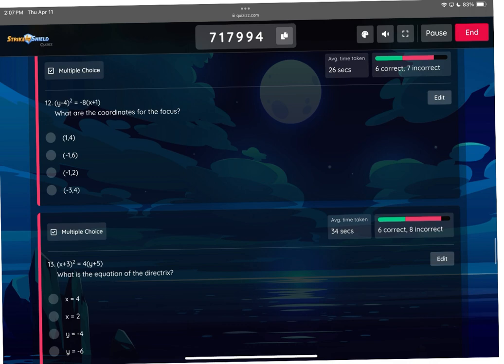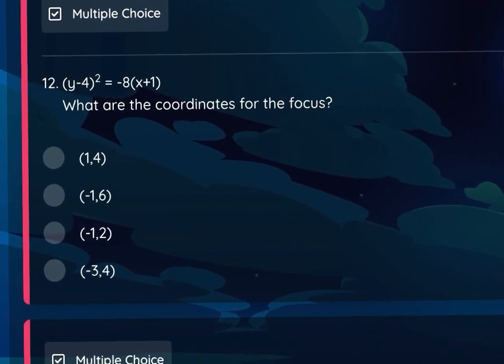The 2 you missed the most, right? So number 12 said, I don't know what order you got it in, but what are the coordinates for the focus? So look at this equation. What is this? It's a parabola. Which direction does it face? Horizontal. It's horizontal, but which direction? Right or left?